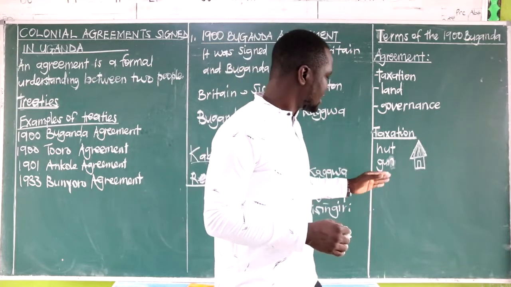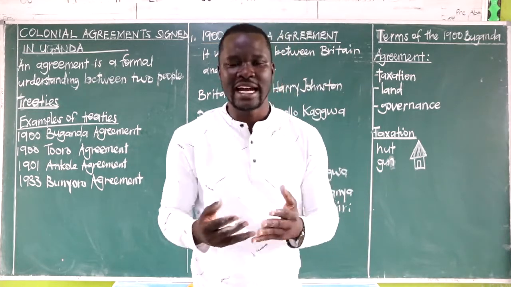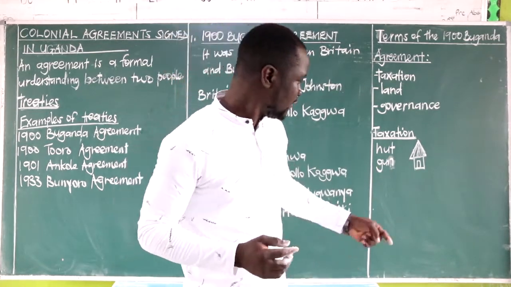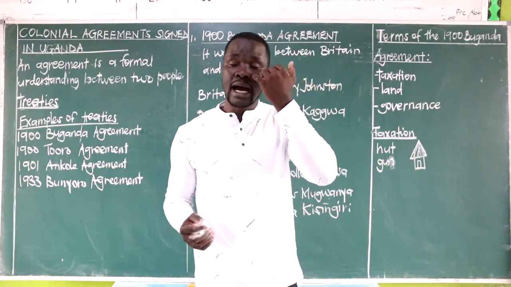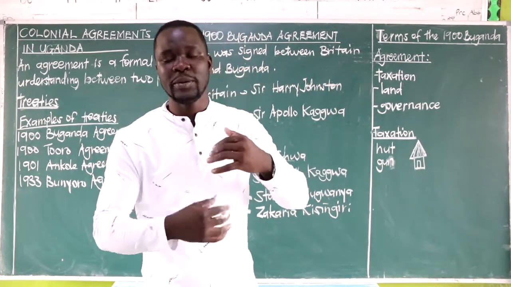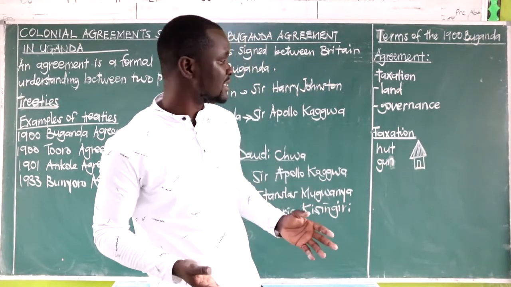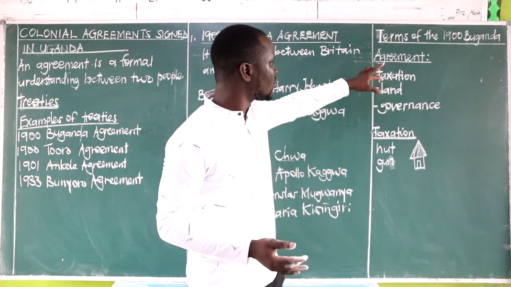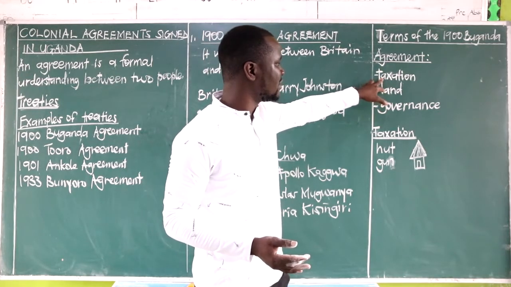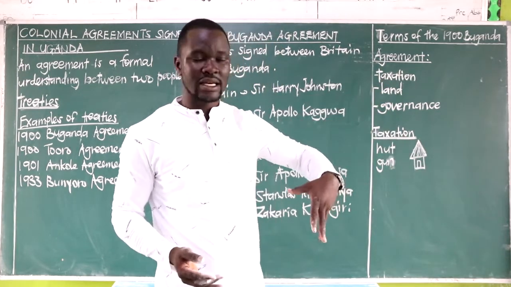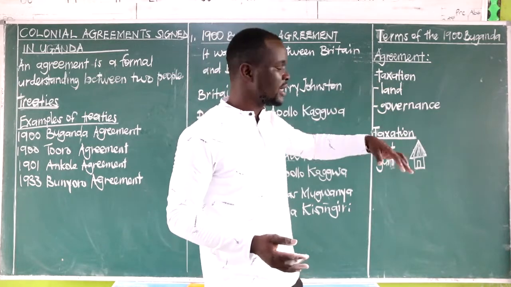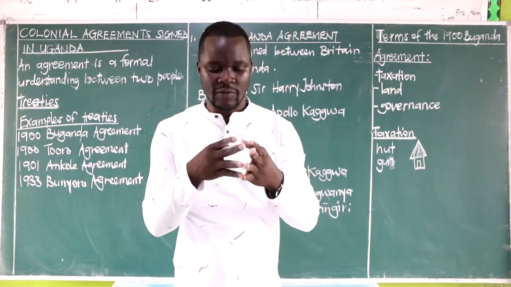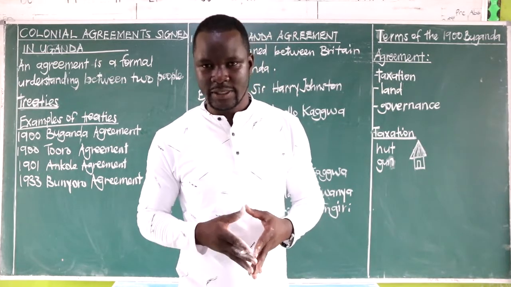It now means that the people of Uganda had acquired guns from the Arabs. Therefore, if one had a gun, this person had to pay a certain amount to the British government. Therefore, we shall say, in the terms of the 1900 Uganda Agreement, one of them was taxation, and in this term of taxation, there was the introduction of hut and gun taxes.